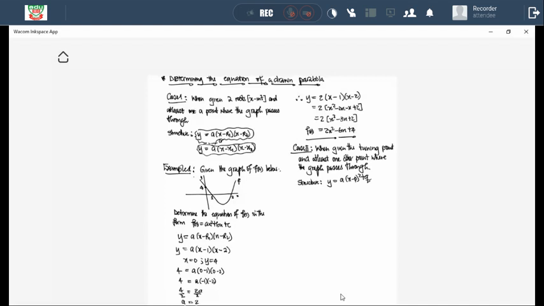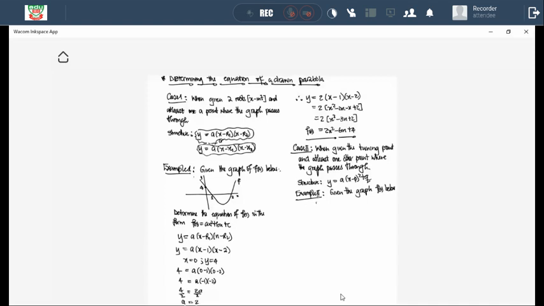Okay, right. Now let's look at this quick example. Example number 2. Right, I am given the graph f of x below. Okay, let's consider f of x drawn below.